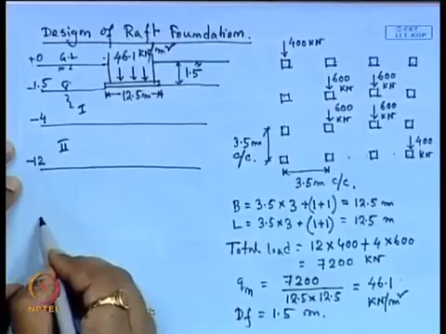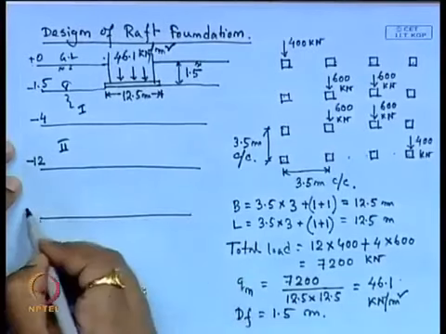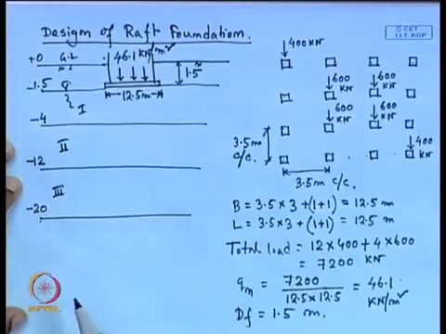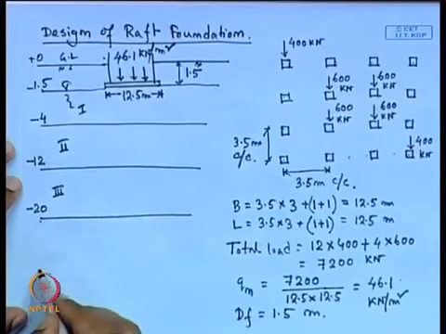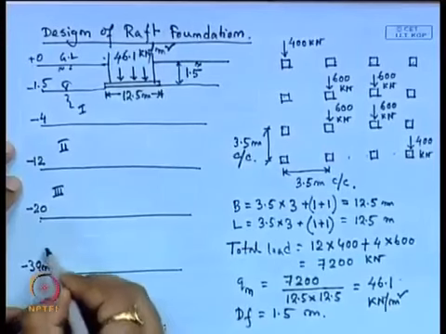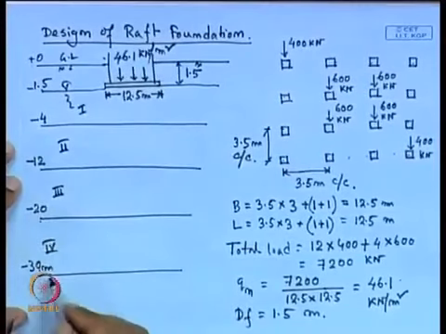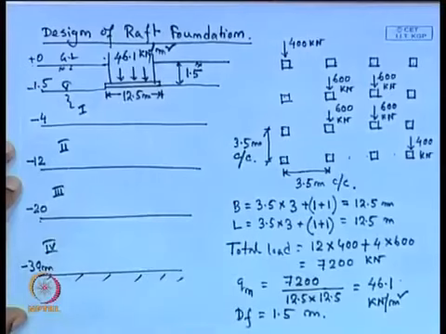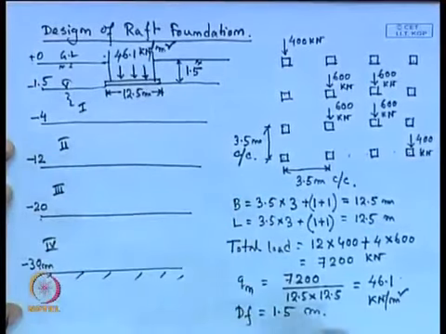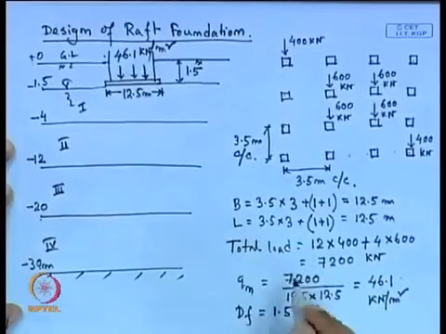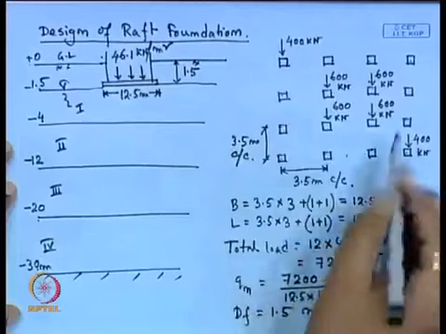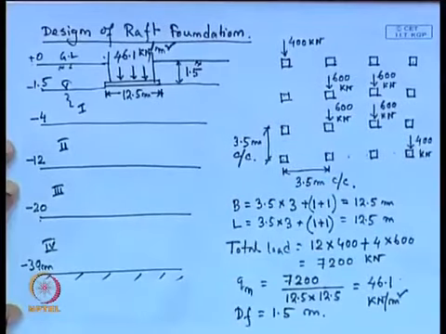Then up to 20 meter, 12 to 20, this is the third layer. Then 20 to 30 meter, this is layer 4, and then this is the hard stratum. So, this is the soil condition, this is the loading condition, and these are the dimensions for the first trial. We have chosen this dimension, this is the total load acting, and this is the foundation grid pattern.